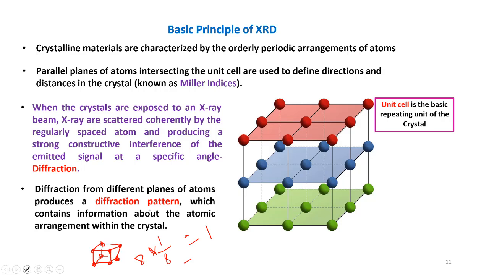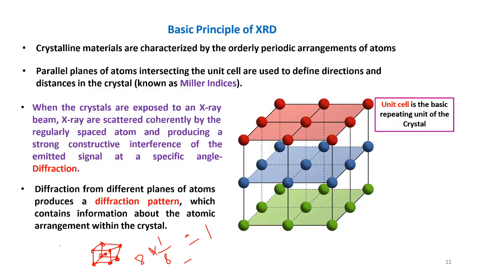But when we talk about the body cubic, in that case we have an extra atom present at the center of the cube. So this is the body cubic structure. So in that case, what will be the total number of atoms? Can anybody tell me? Yeah, two.